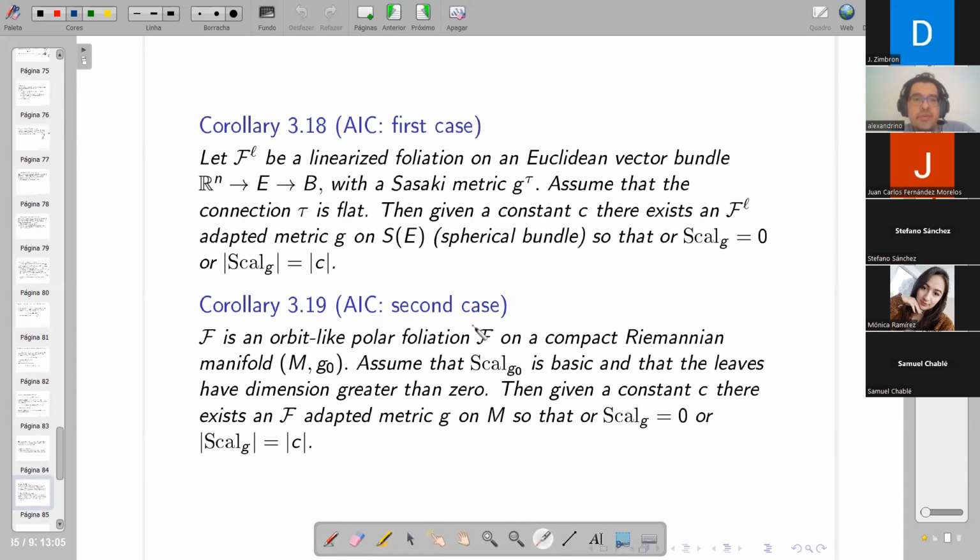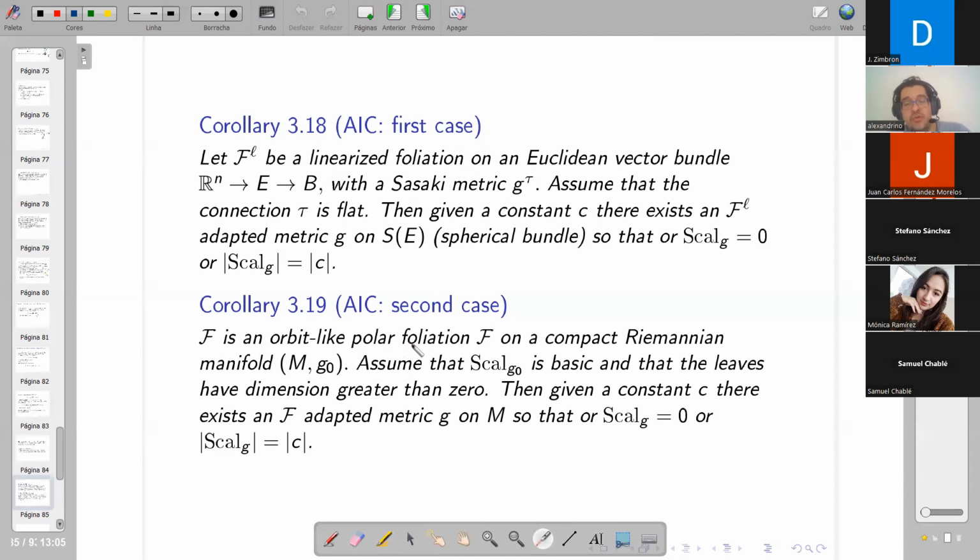These are just examples. If your connection is flat, then you can solve Sazak problems in fiber bundles. This is a corollary, but actually Diego proved a better result.